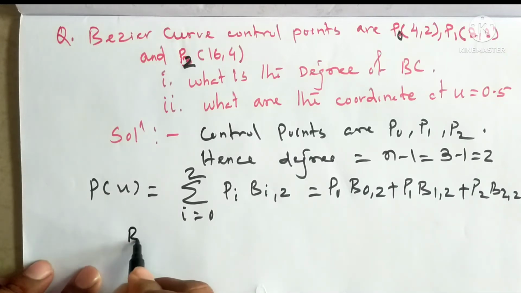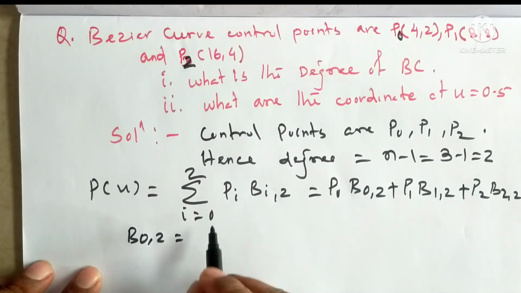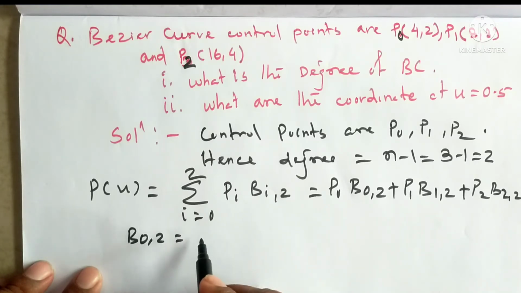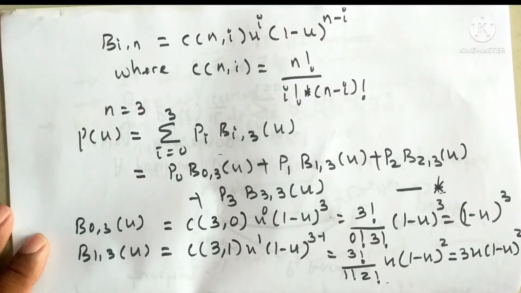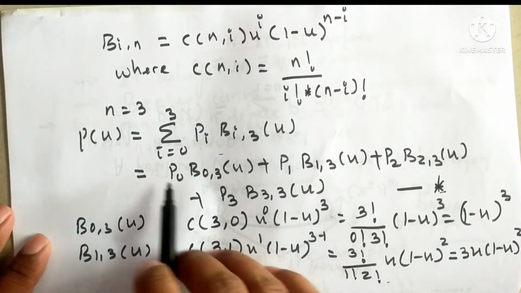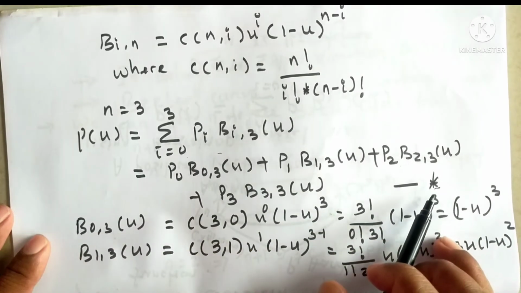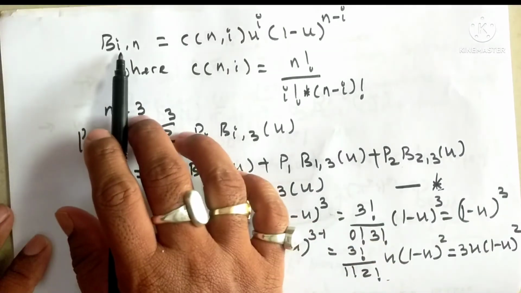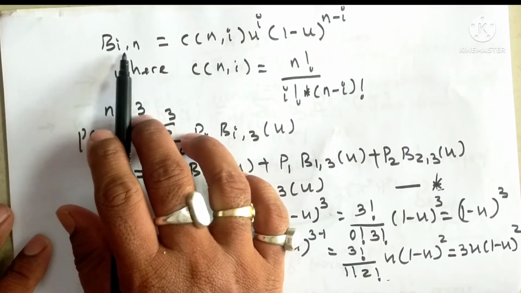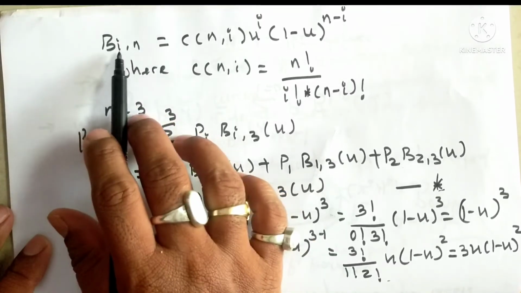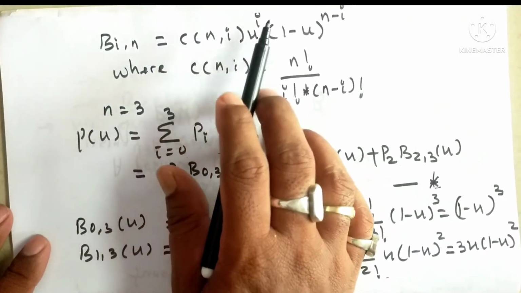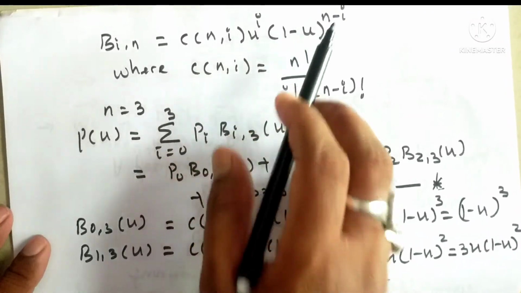Now you can see that I am using this starred equation. For this purpose I am going to use B0,2, B1,2, B2,2. The basis function B_i,n is C(n,i) u to the power i into (1 minus u) to the power n minus i.